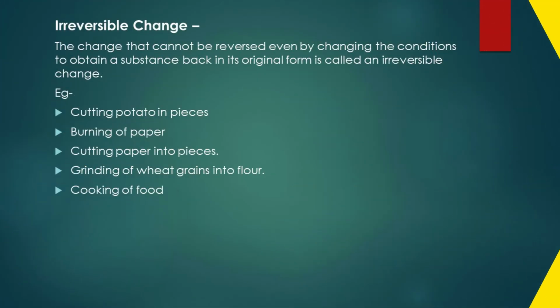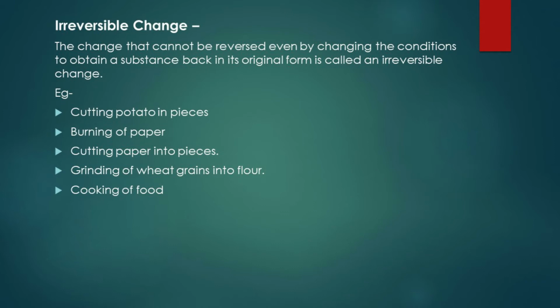Next is irreversible change. The change that cannot be reversed, even by changing the condition to obtain a substance back in its own form, is called irreversible change. Now, folding of paper was a reversible change, but when we cut the paper, will it become its original form?